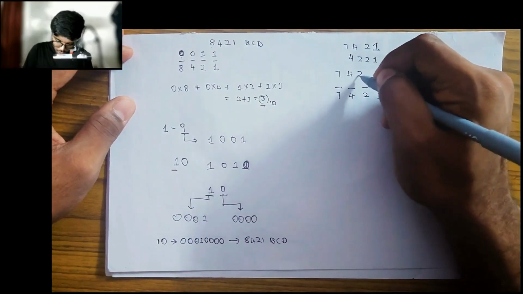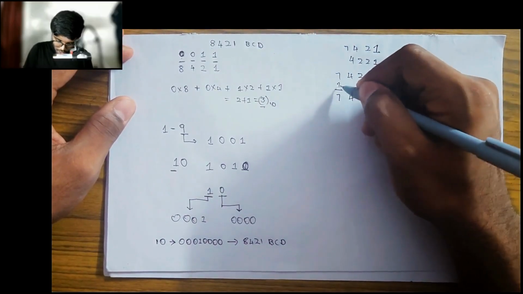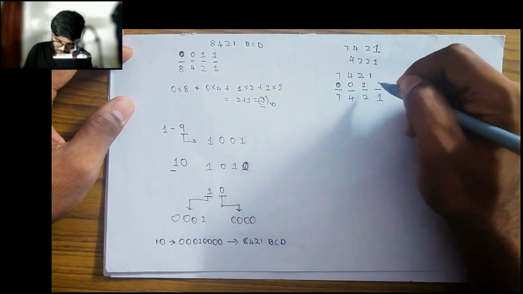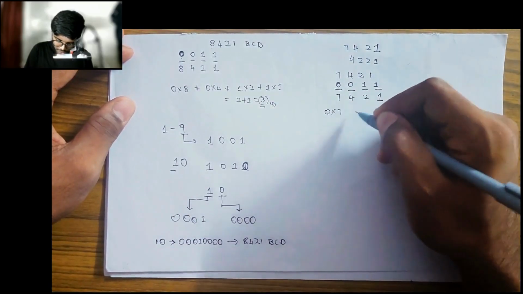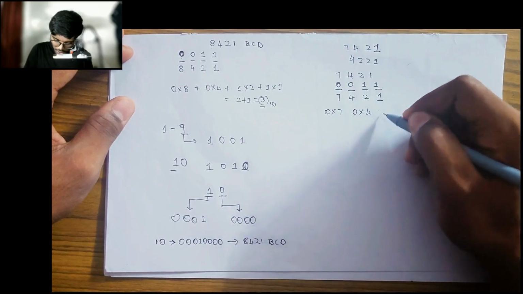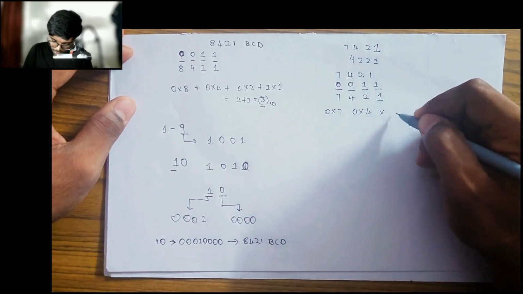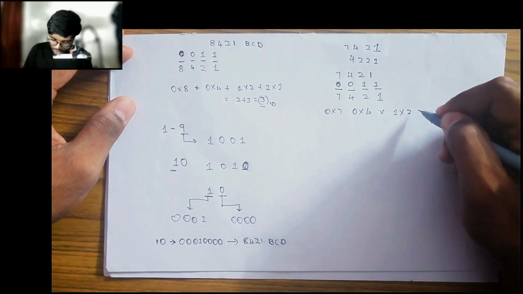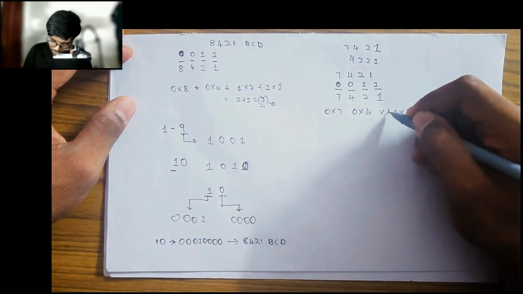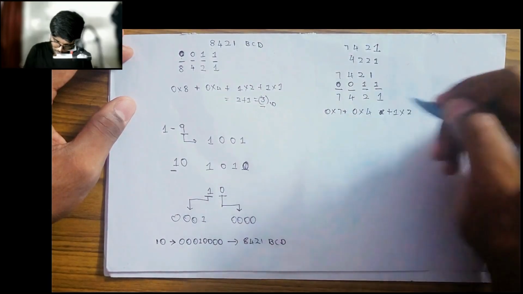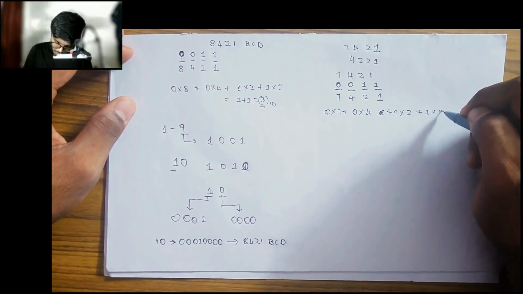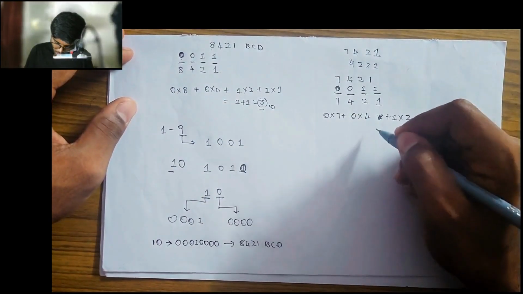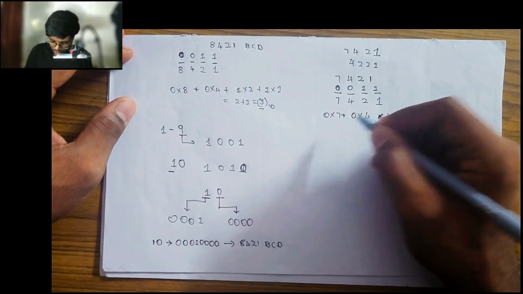For the same example 0011, we multiply with 7 instead of 8. So 7421 means the weights of the digits are 7, 4, 2, 1. That is again 3, because I have not multiplied anything here.